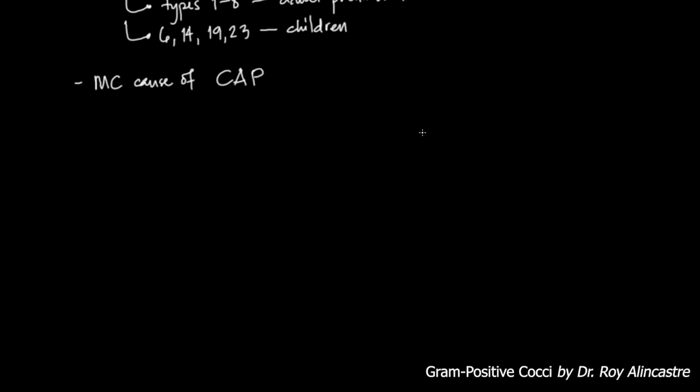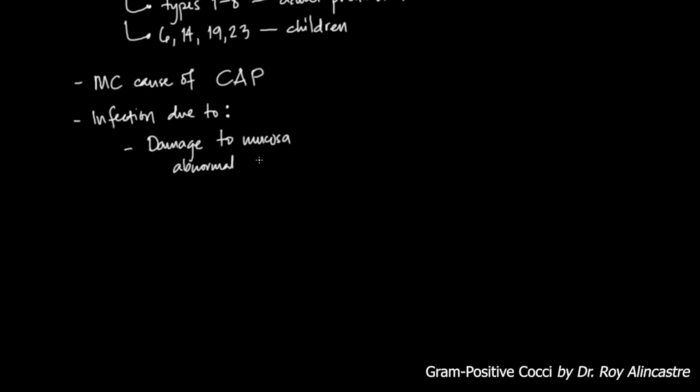Meaning the normal upper respiratory mucosa has natural resistance against the pneumococci. But infection happens when a number of factors lower this resistance. For example, damage of the mucosa due to a viral infection, or damage due to hypersensitivity or allergic reactions, no?